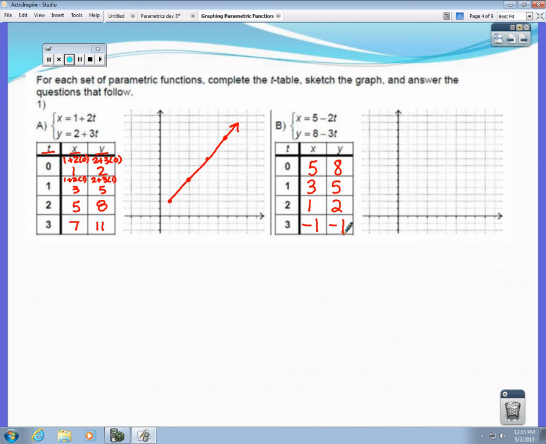So I graph the points in order, starting with when t is 0. (5, 8) is my starting point. Then I go to (3, 5), (1, 2), and (-1, -1). So this time I am moving down and to the left.